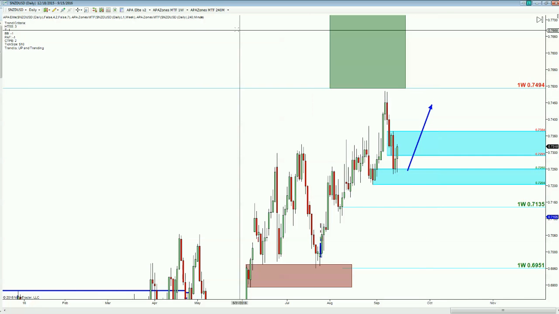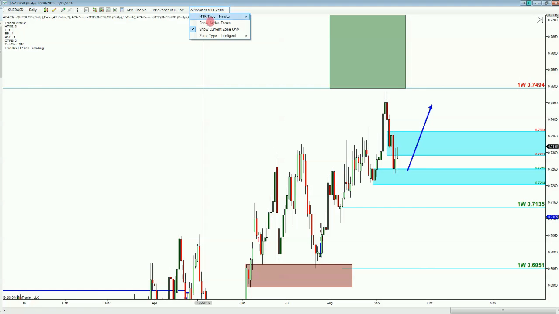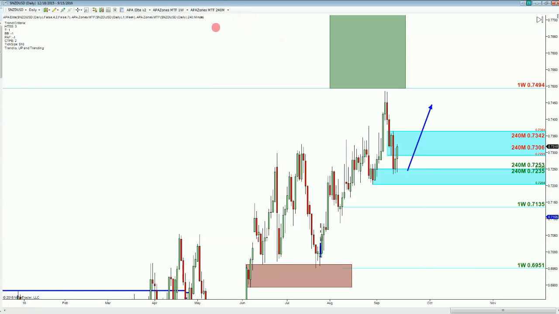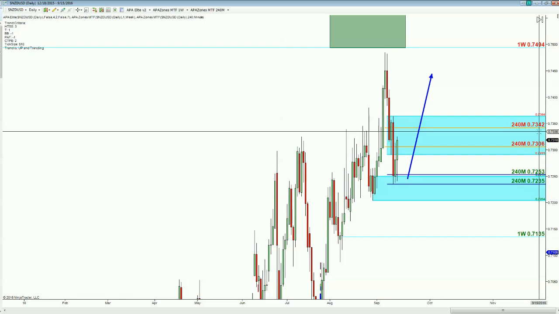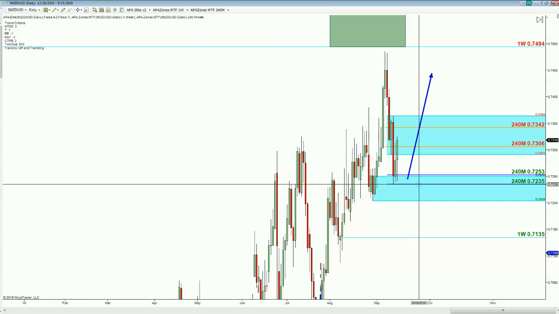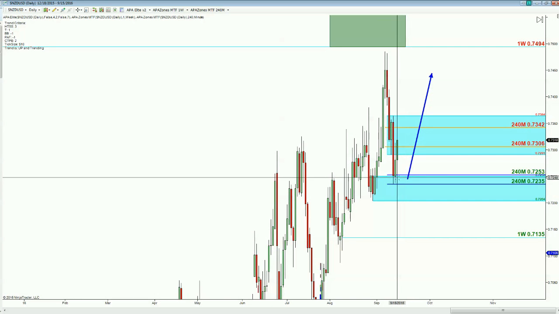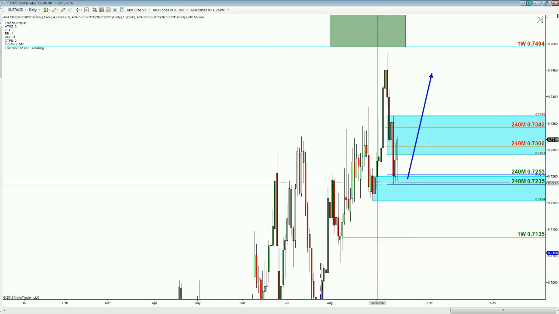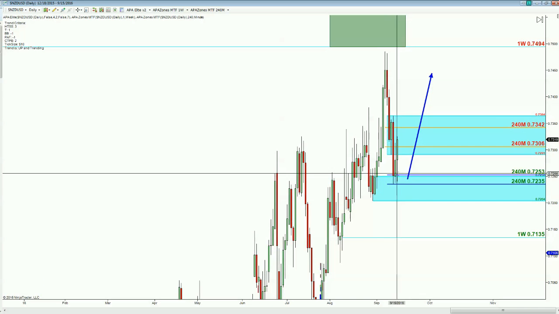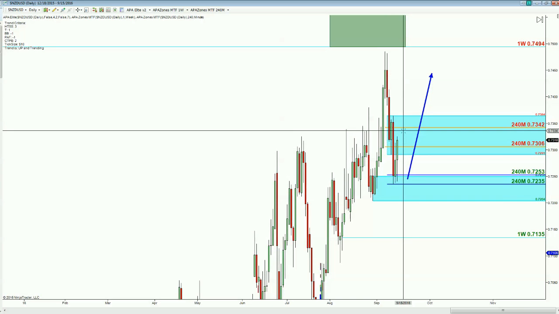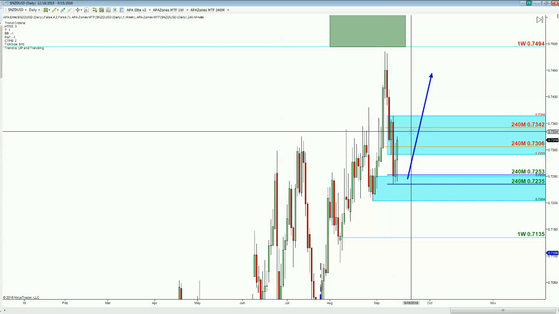Just be mindful that we do have some 4-hour time frames in the way. If we look at the current zones here, you can see that inside of the daily levels, we have a nice bounce off of this daily aqua zone right now, but it's already done a bounce off of a 4-hour time frame, and it's coming up to a high 4-hour time frame.